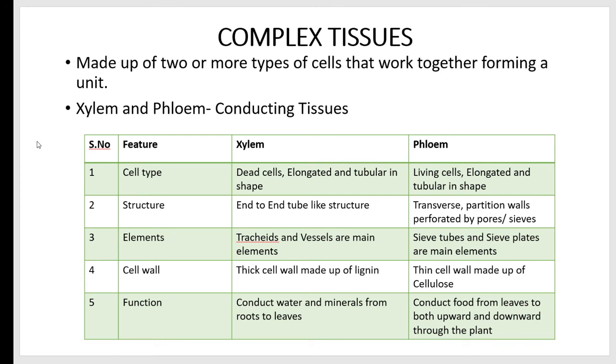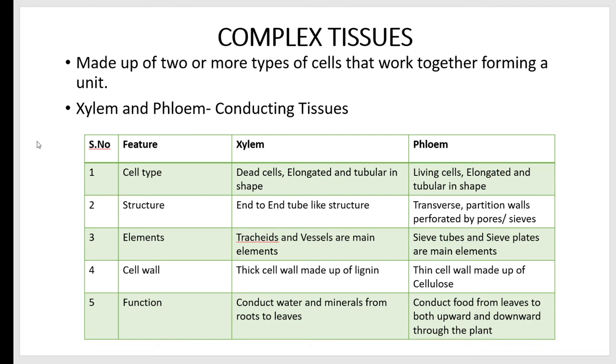The important elements of xylem are tracheids and vessels, whereas the important elements of phloem are sieve tubes and sieve plates. Xylem has a thick cell wall made up of lignin, whereas the cell wall of phloem is thin and made up of cellulose. Xylem conducts water and minerals from the root to leaves only, whereas phloem conducts food from leaves upward and downward through the plant.